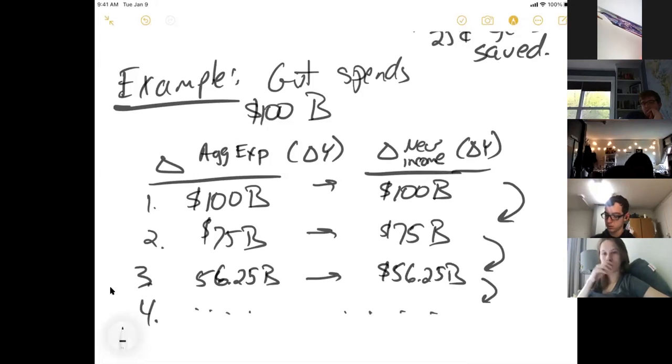If this all sounds a little strange, I don't know if any of you have ever visited an Army base, but if you visit an Army base, you actually see the multiplier process in action. What happens when they build a base? They build a base, and that creates income for contractors and for the soldiers. And then what do the contractors and soldiers do with the income that they earn?